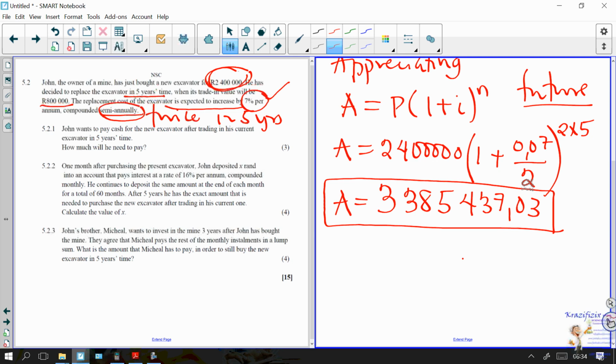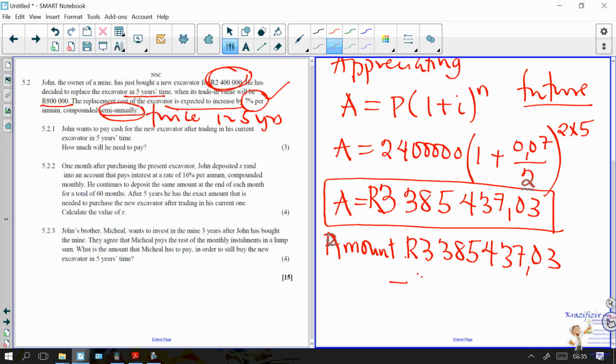However, John has this machine, and this machine is now worth 800,000. How much will John pay? John will pay, amount to pay. It will be the worth of the machine then. Okay, let's put rands there. Respect money. All right.